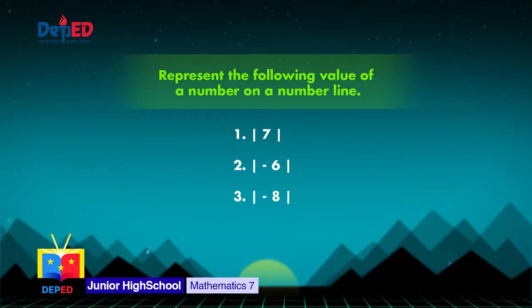Number 1, the absolute value of 7. Number 2, the absolute value of -6. And number 3, the absolute value of -8. I will be giving you 30 seconds to finish the task. Timer starts now.